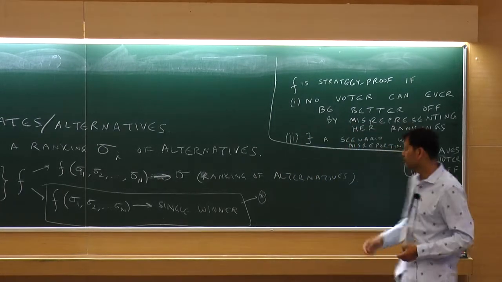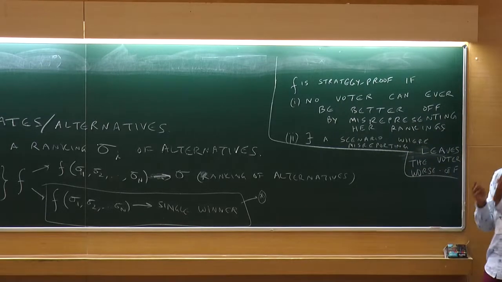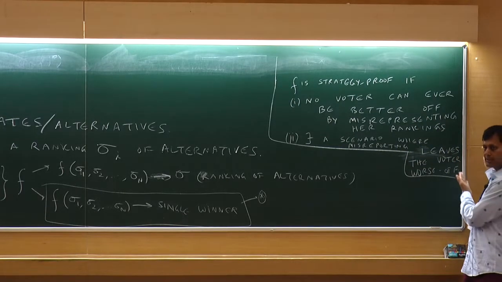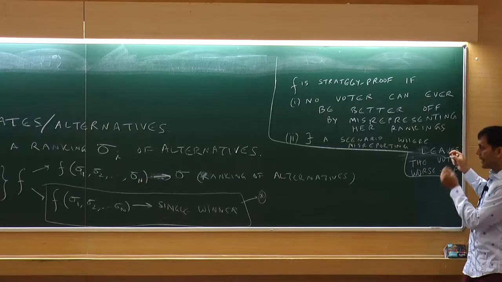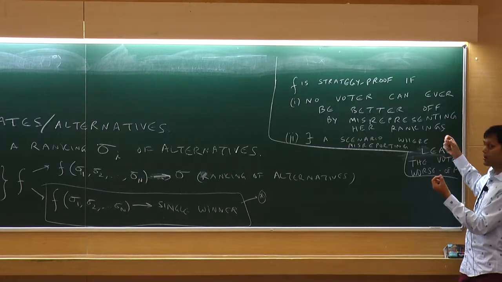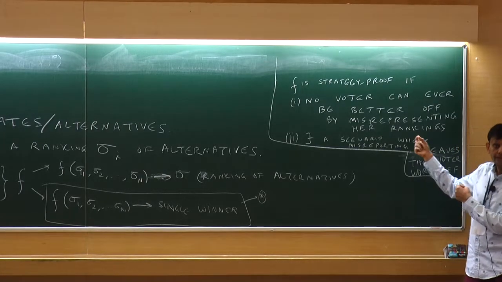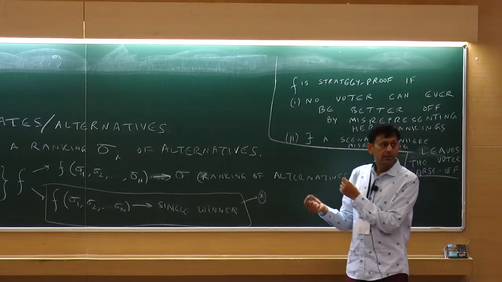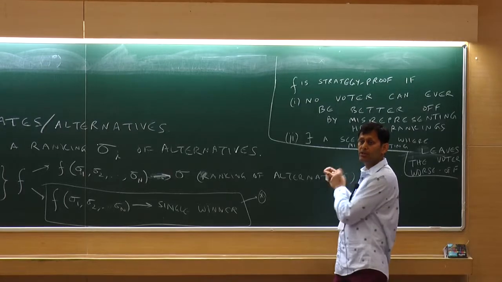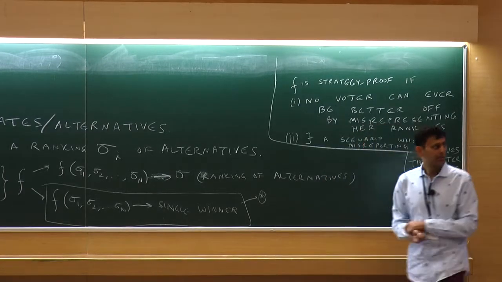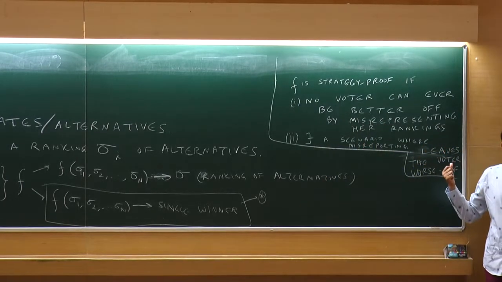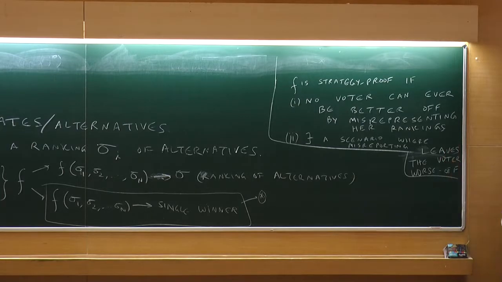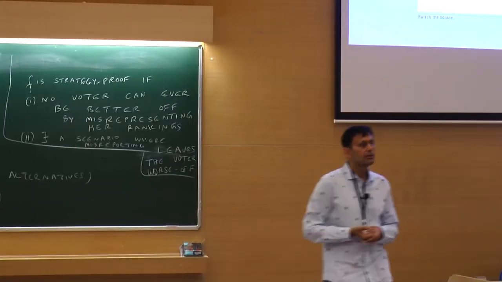So the first one is for all possible sigma 2, sigma 3, through sigma n, and for any true sigma 1, the voter can't be better off by changing sigma 1 and misreporting it. And for any change that she would make to sigma 1, there's some sigma 2 through sigma n where she would be worse off. Okay? Does that make sense? So this is strategy proofness. It's also called truthfulness.